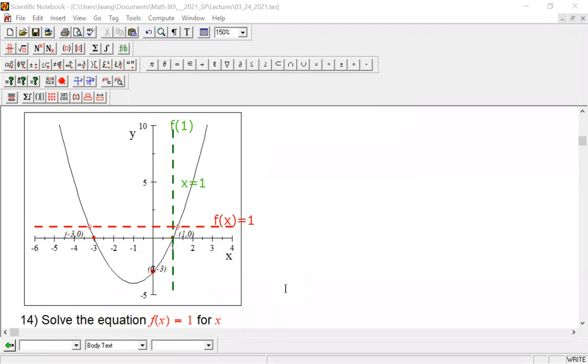That's the horizontal cut and the vertical cut. At the end of the class last Wednesday, we found the solution, and the solutions are these two diamonds.